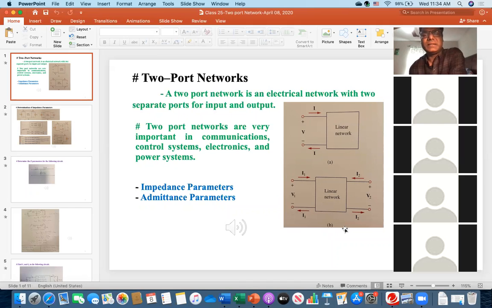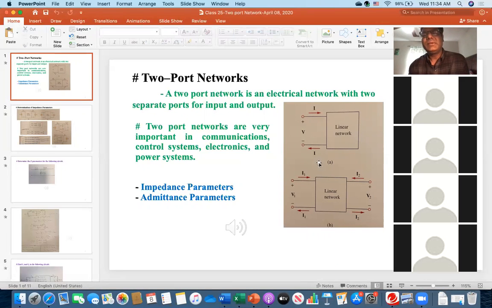In this class, we will mostly concentrate on two-port networks. This is very essential and very important. As I have mentioned, two-port networks are used in communication networks, in control systems, in electronic circuits, and in power systems. That's why this is very important.